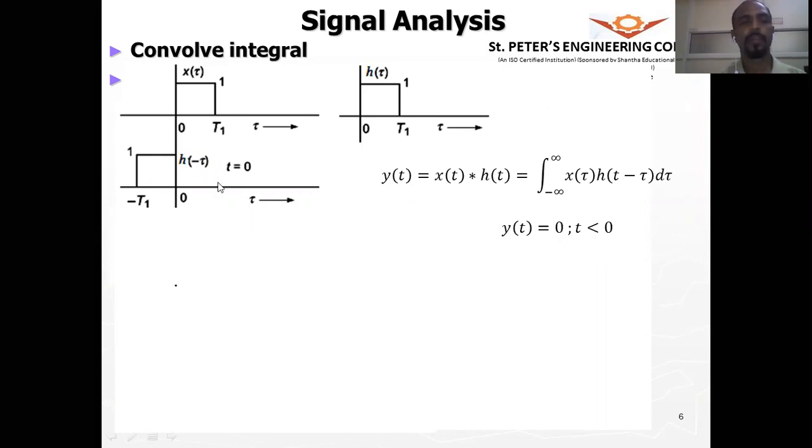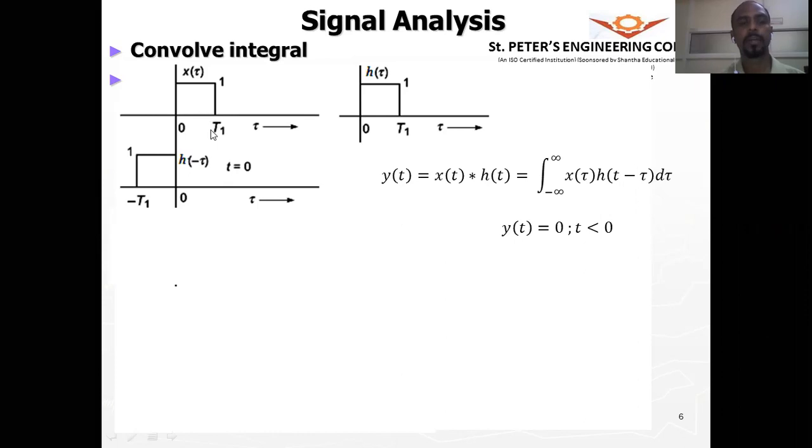So now when t takes a value greater than 0 but less than t1, the overlapping will be between 0 to where t ends. So therefore, we are going to move t. It can be here, it can be here, it can be here, or it can be here.